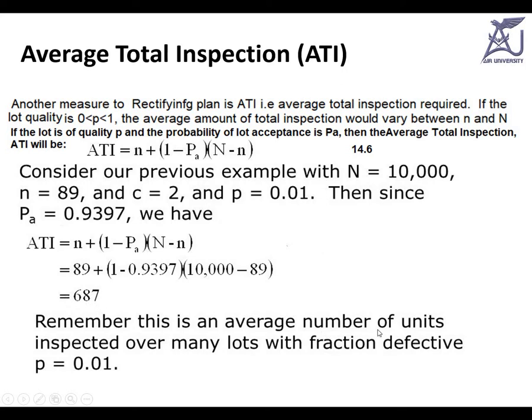Remember, this is the average number of units total inspected over many lots with fraction defective p equal to 0.01, as we started with in this problem.